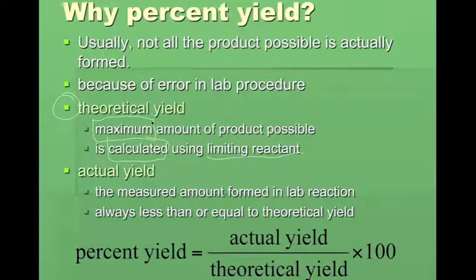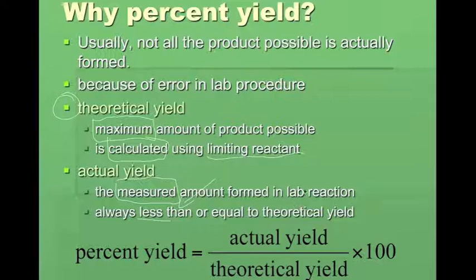Now our actual yield is what is actually measured in the lab. It's the amount that is formed in the lab reaction, and it's normally less than or equal to the theoretical yield. It's normally less because we usually never do an experiment completely perfectly. There's always a little bit of experimental error.